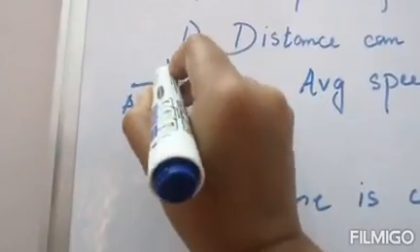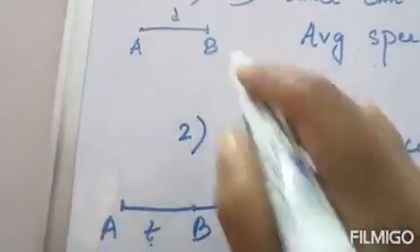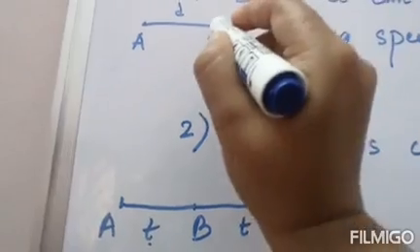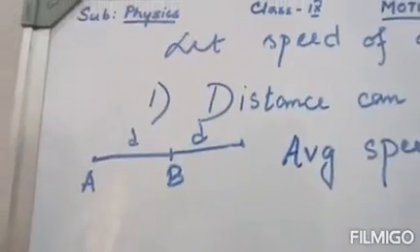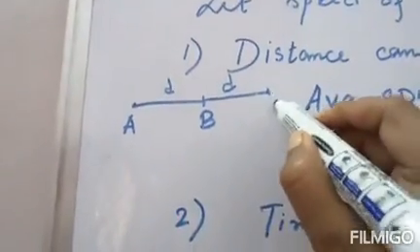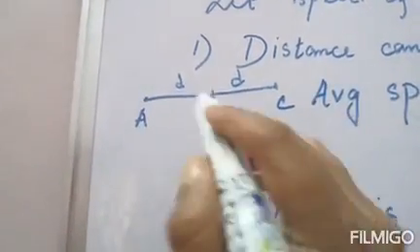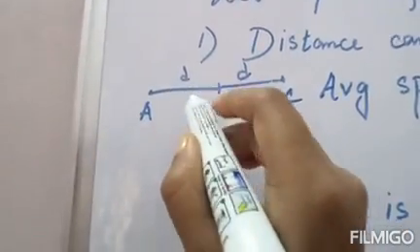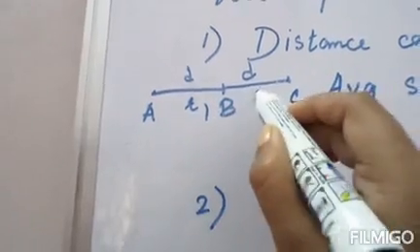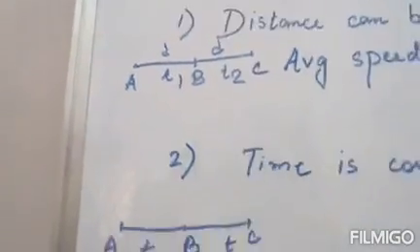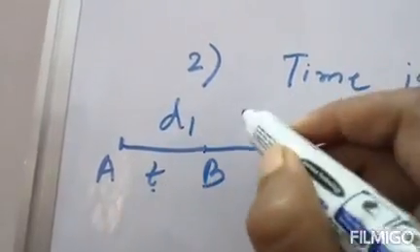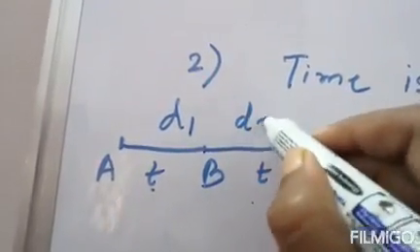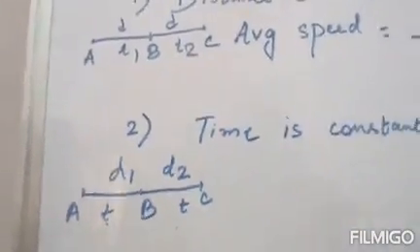Here, in the earlier case, the distance was constant, like A to B and A to C, or the onward and return journey, but the time was varying. And here the distance is varying, but the time is constant.